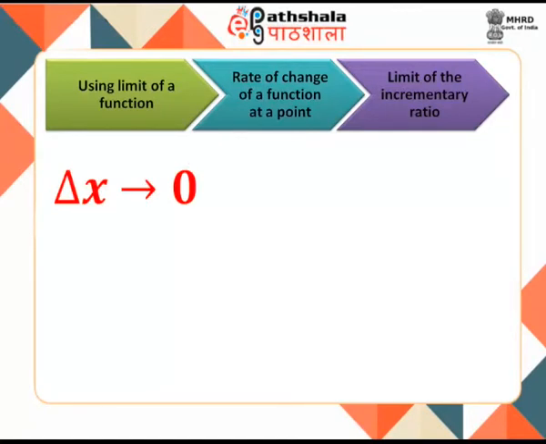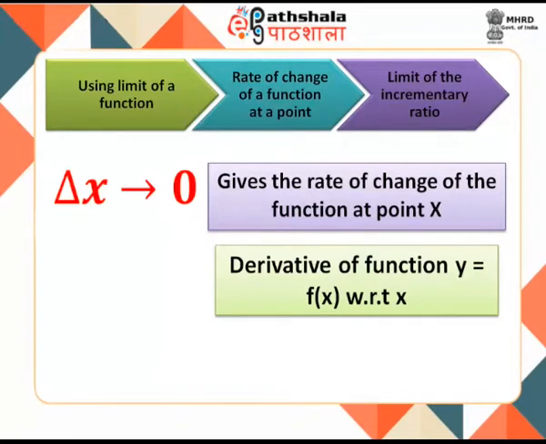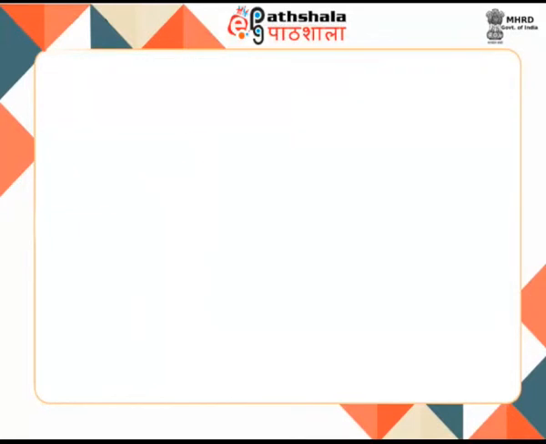This limit, if it exists, gives the rate of change of the function at point x and is called the derivative of the function y equals f of x with respect to x, denoted by dy by dx.